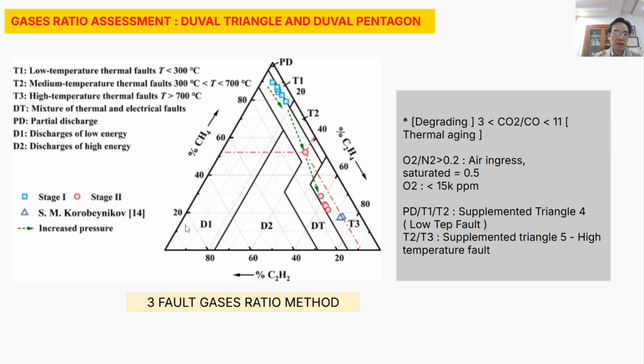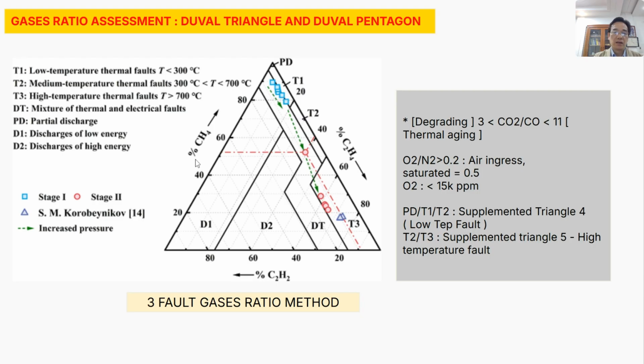So the percentage content of each gas compared to the total content of all three gases will be represented on each edge of the triangle.